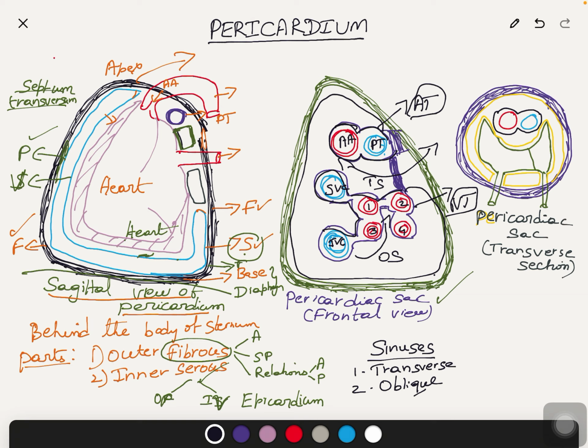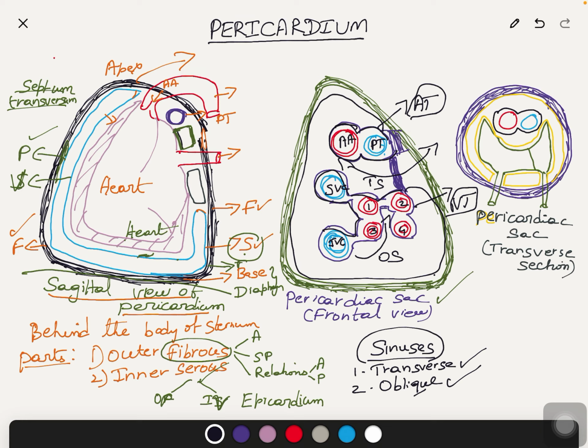Transverse sinus or oblique sinus, or as such sinuses of pericardium, may be asked. If sinuses of pericardium are asked, you should write transverse and oblique also. So what is the transverse sinus?